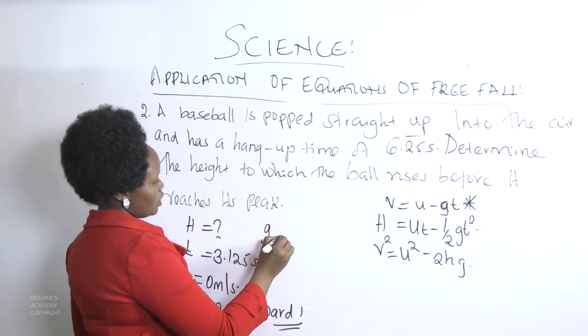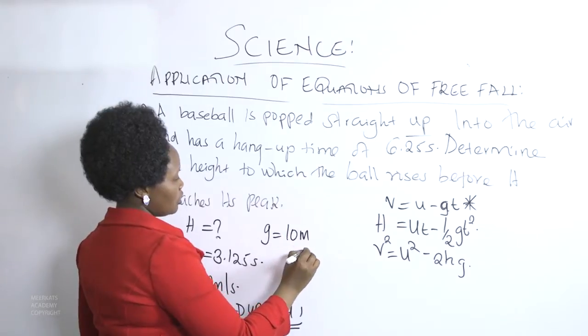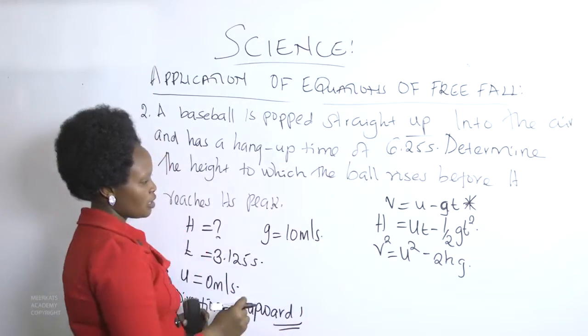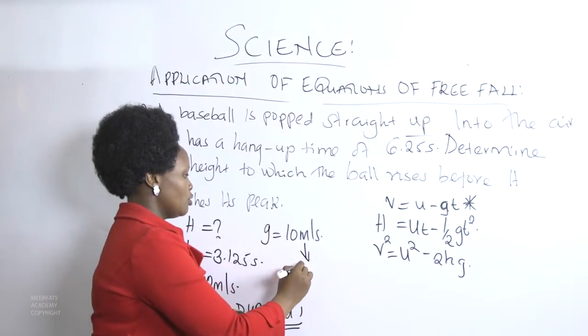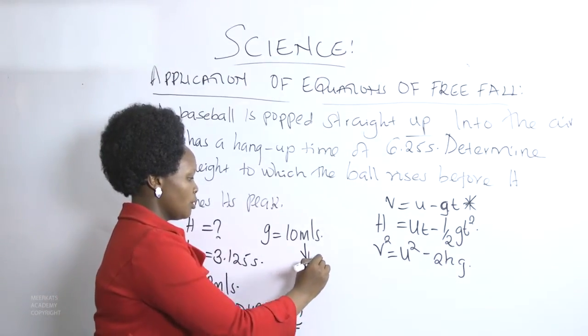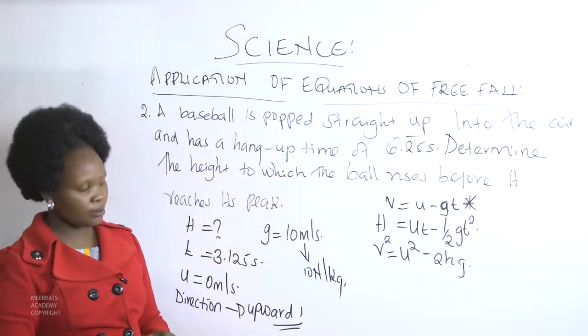On the surface of the earth, we take g to be 10 meters per second squared, or what we call 10 newtons per kg. It is one and the same.